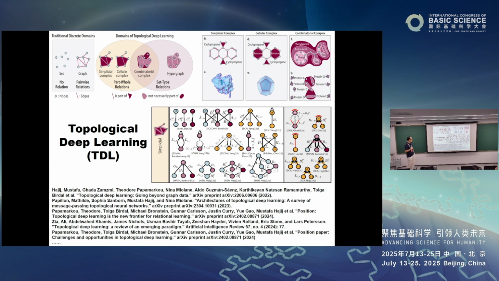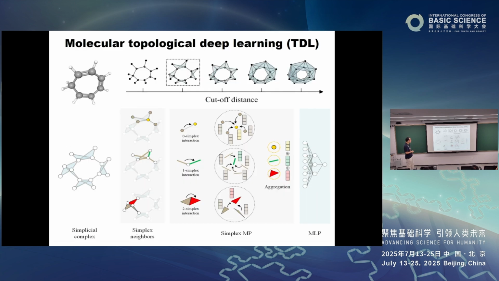The key difference is that in topological deep learning, people start from simplicial complexes. Okay, so here is a simple illustration. Previously, when you have a structure, people usually represent it as a graph. When you have a graph, then you have this message passing at the node level. That's what they call geometric deep learning.